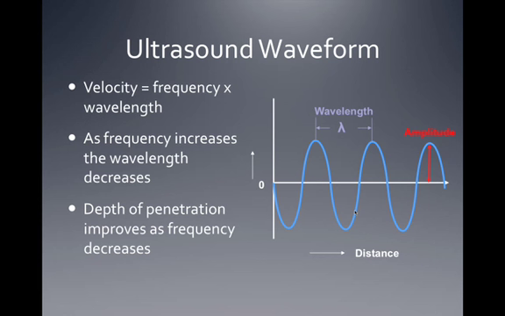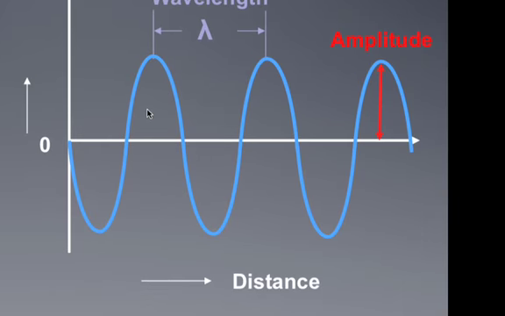So an ultrasound waveform, again, you can't get away from these waveforms in this class. We've got a waveform right here, and as shown in the diagram, you see that waveform has a wavelength. And as frequency increases, or as the number of these pulses per second increases, the wavelength is going to decrease.